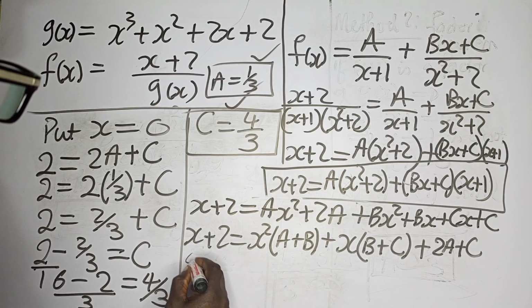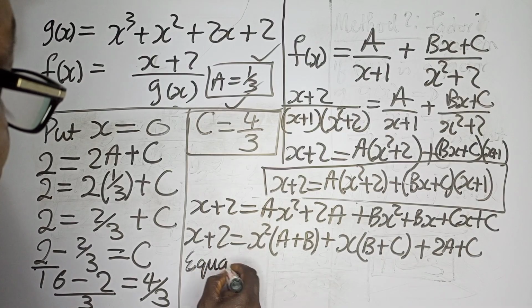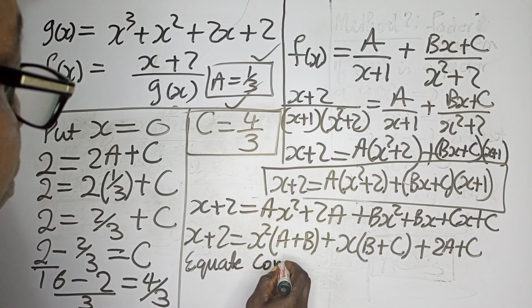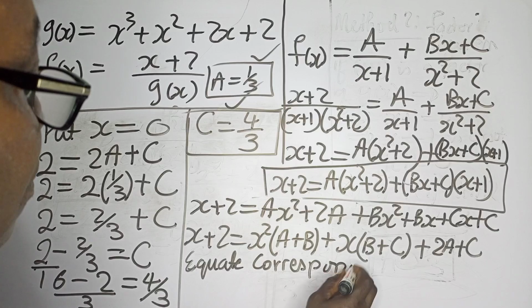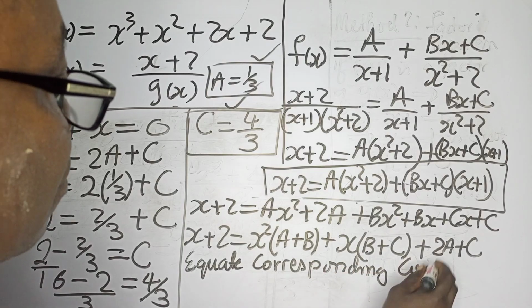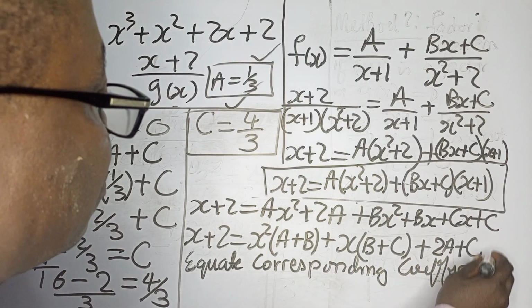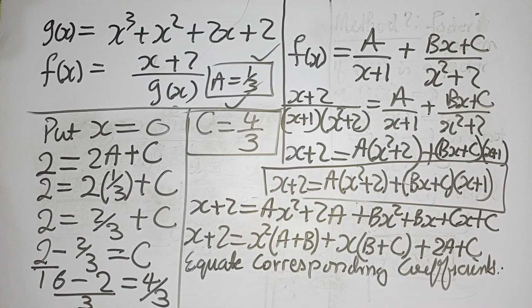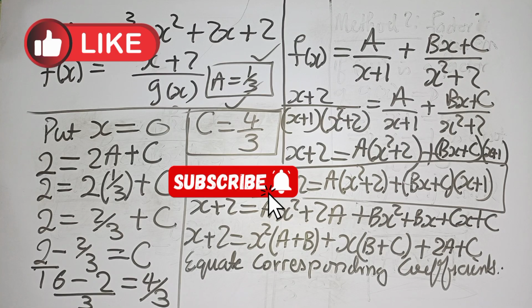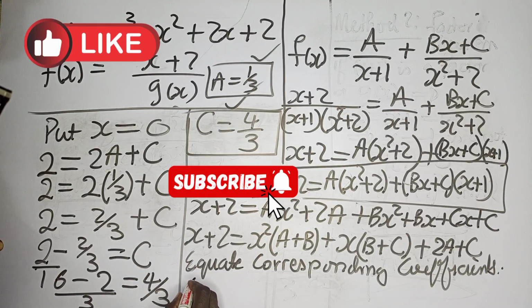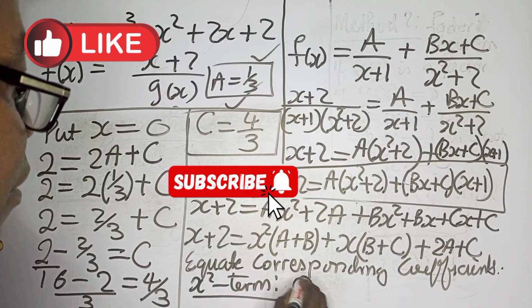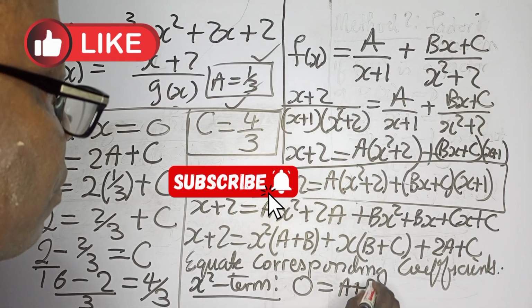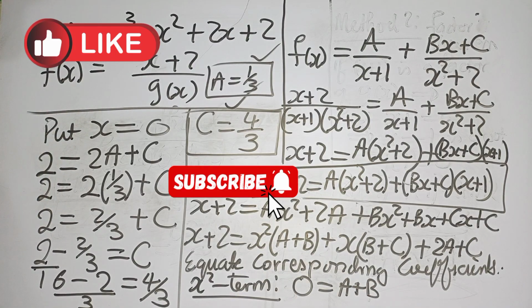So if we equate corresponding coefficients, it therefore means that for the x squared term, we have 0 is equal to a plus b.